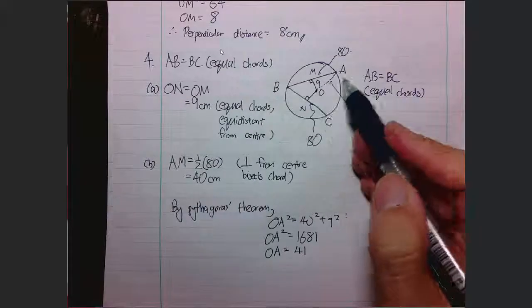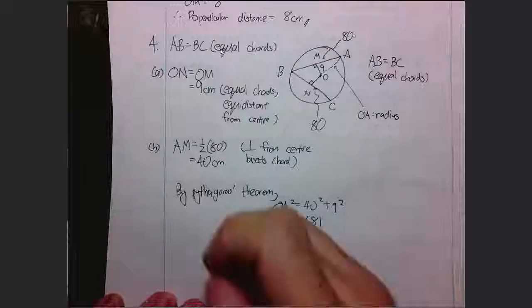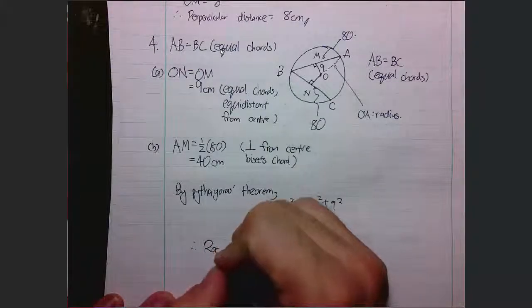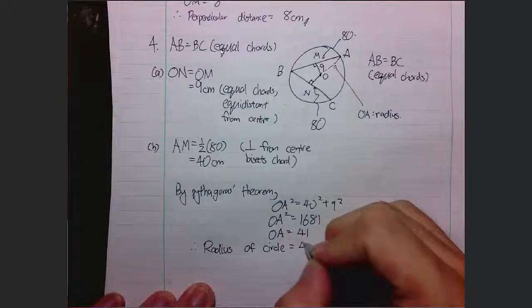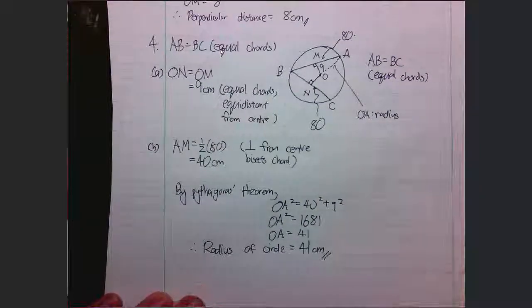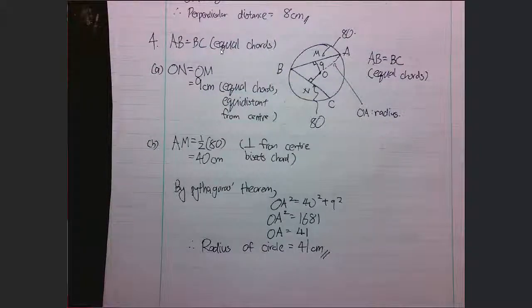So OA from center to circumference is the radius, so therefore the radius of the circle is equal to 41 cm. And that is the last part for the examples of this 10.1. Thank you for watching.